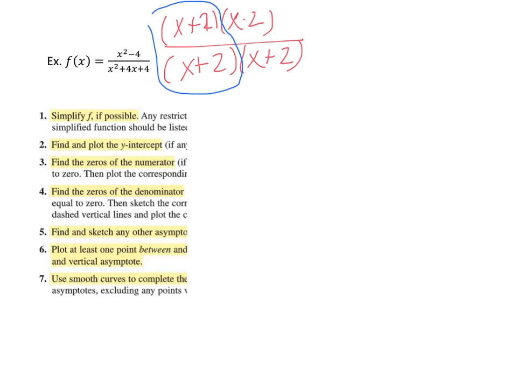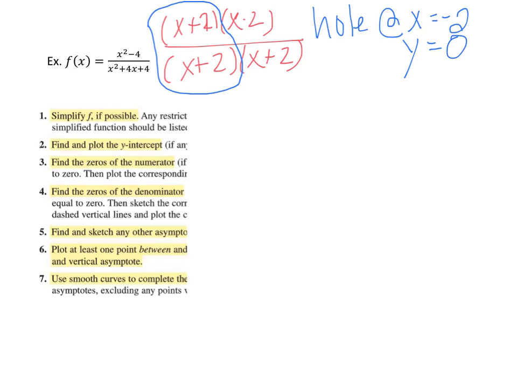With 2 common factors, I have a hole at x equals -2, and when I plug in x equals -2, what do I get from that? 0 is what it looks like. Okay, that gives me 0.